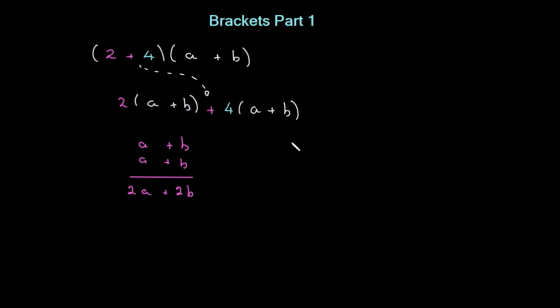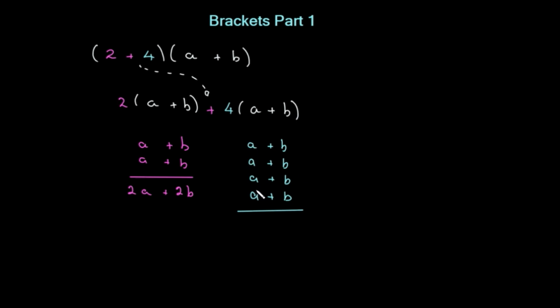Now we're going to look at this one. We have 4 lots of a plus b, so here's 1 lot, a plus b, here's another lot, here's another lot, here's another lot. So this is that.